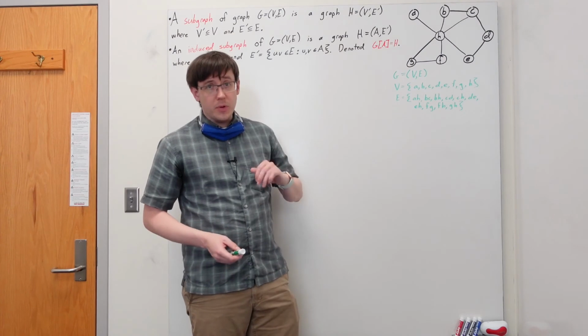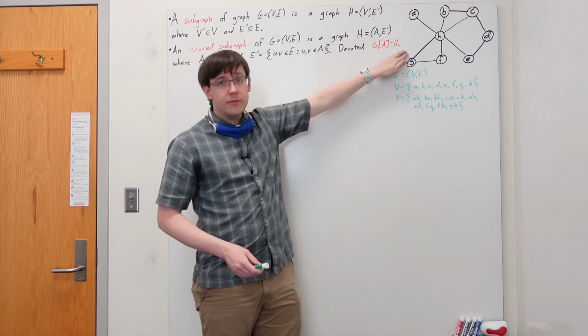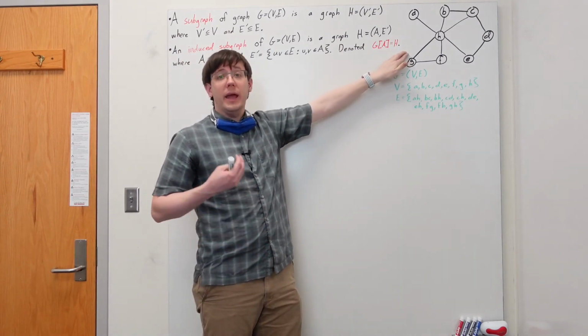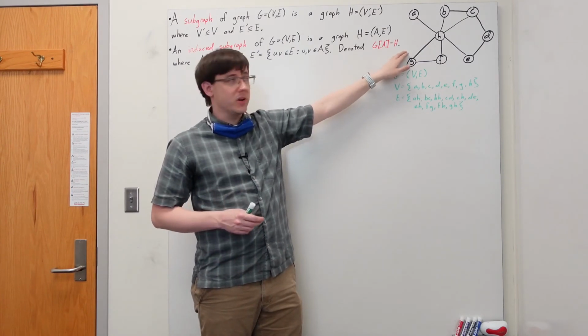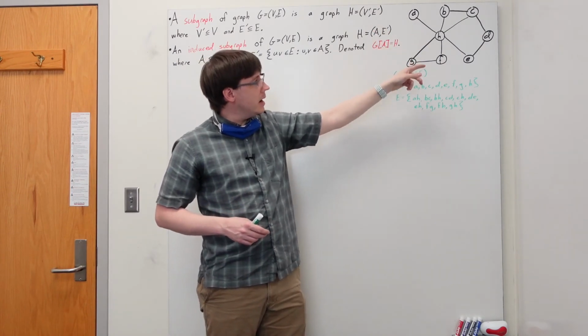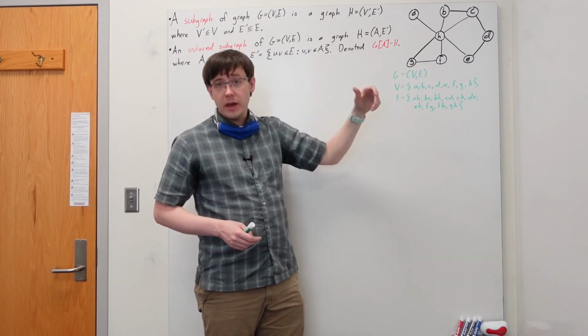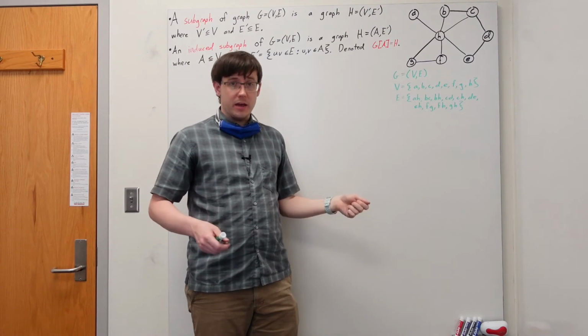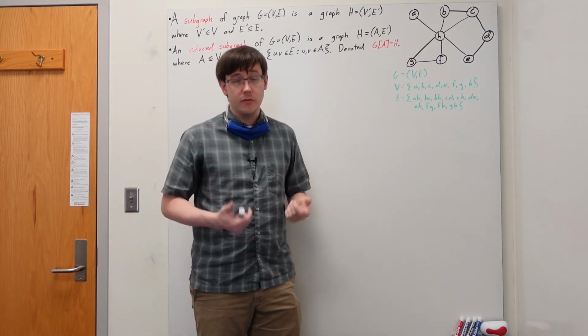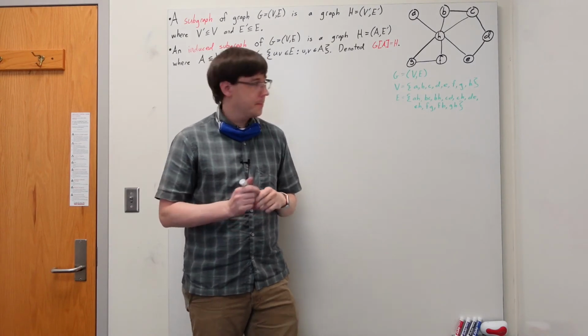So for example, on this graph, if we build an induced subgraph with the subset of the vertices A, B, C, F, G, then we would need to include every edge that's between two of the vertices in our subset.